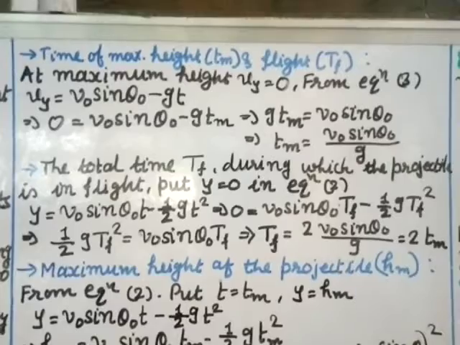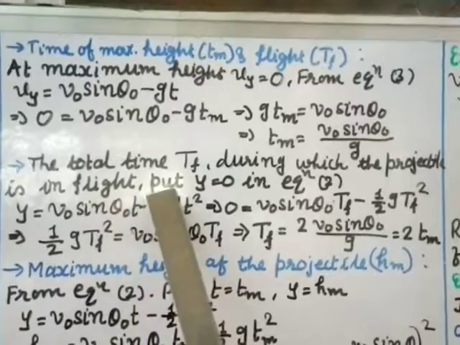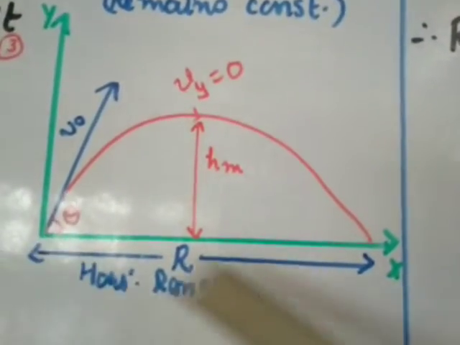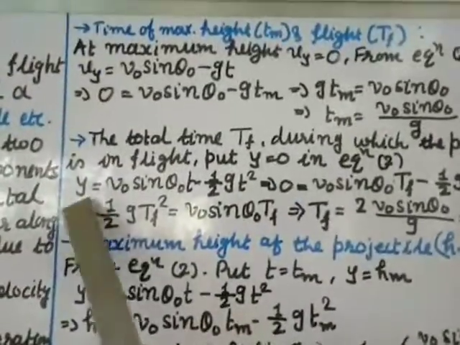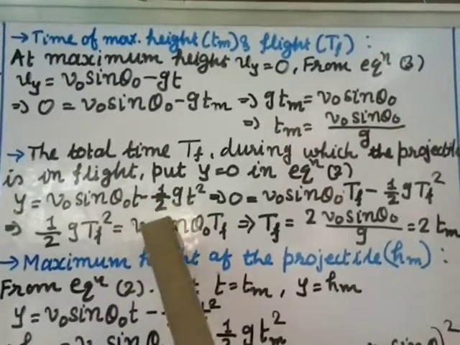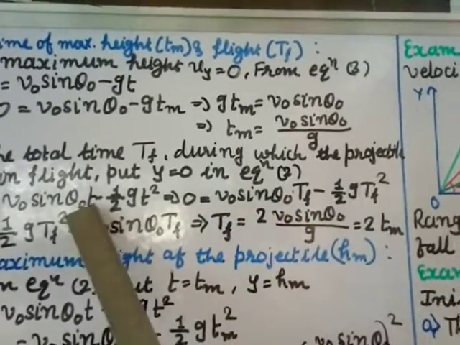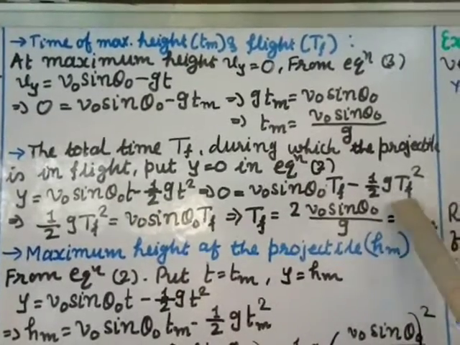Now we shall find the time of flight. The total time tf during which the projectile is in flight: put y equal to 0 in equation 2. When it is in the air, from here to here, the y coordinate remains 0. Starting from 0, it comes back to 0. So I'll write equation 2: y equals v naught sin theta naught t minus 1 by 2 g t square. Putting y as 0 and t as the time of flight tf, 0 equals v naught sin theta naught tf minus 1 by 2 g tf square.